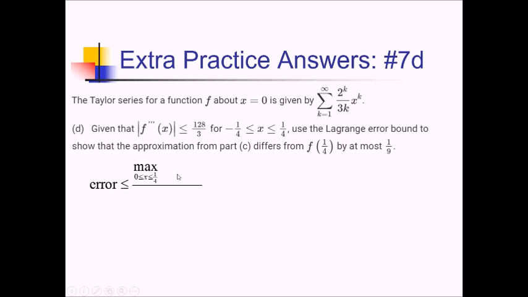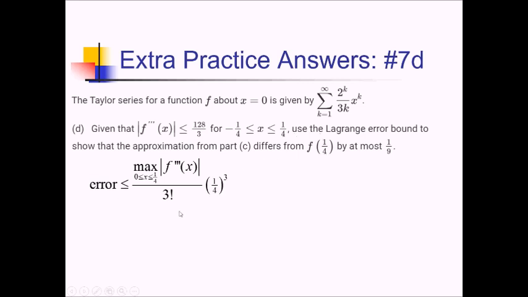Because I used my approximation in part C with a second degree Taylor polynomial, that means everything in this Lagrange formula needs to be third. So we need the third derivative, absolute value of that. I need third factorial, and I need x to the third. Specifically, I need 1/4 to the third power.